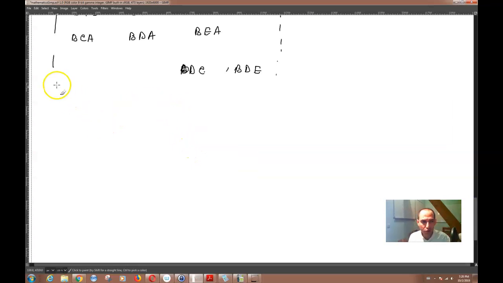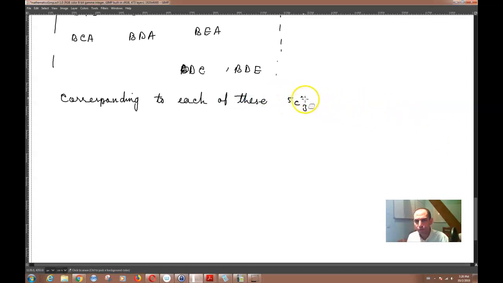That is the important thing here. And it says that corresponding to each of these 5 combination 3 combinations, there are 3 factorial permutations.